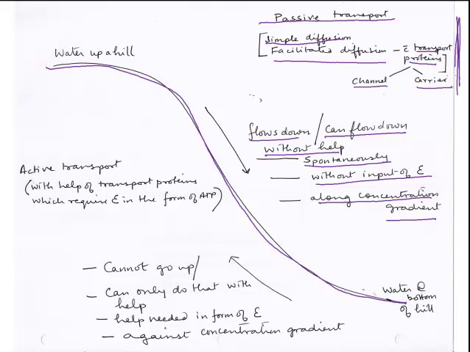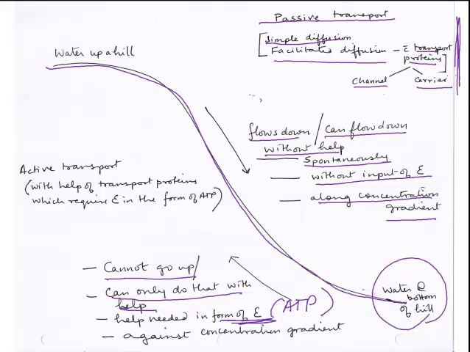On the other hand, if you have water at the bottom of the hill and you have to take it up the hill, this process cannot go up by itself. It can only go through with whatever help that it can get. The help that it needs is in the form of energy, in the form of ATP.